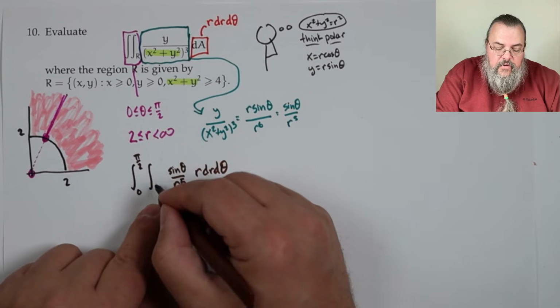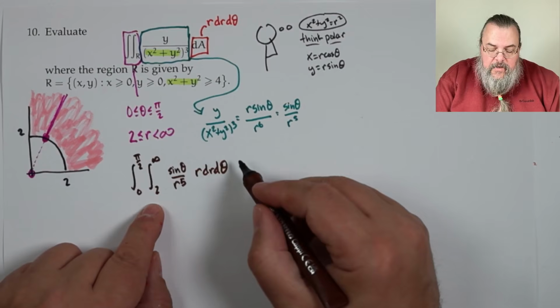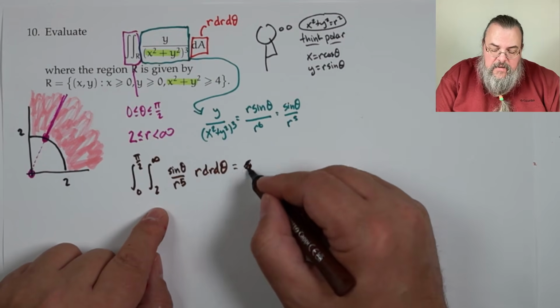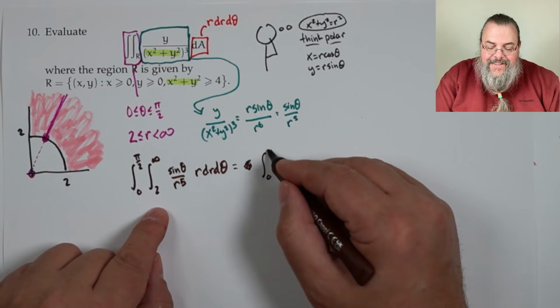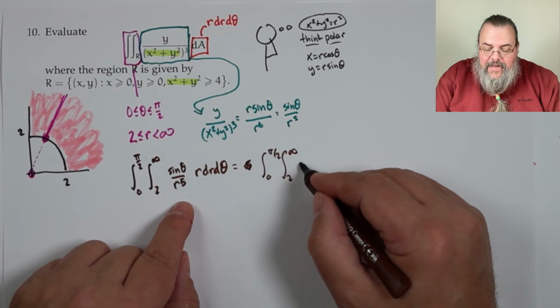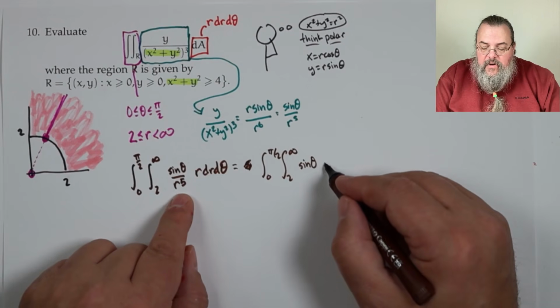R goes 2 to infinity. All right. This is the same as the integral of sine of theta, and instead of r over r to the 5th, I'll write this as r to negative 4, dr d theta.